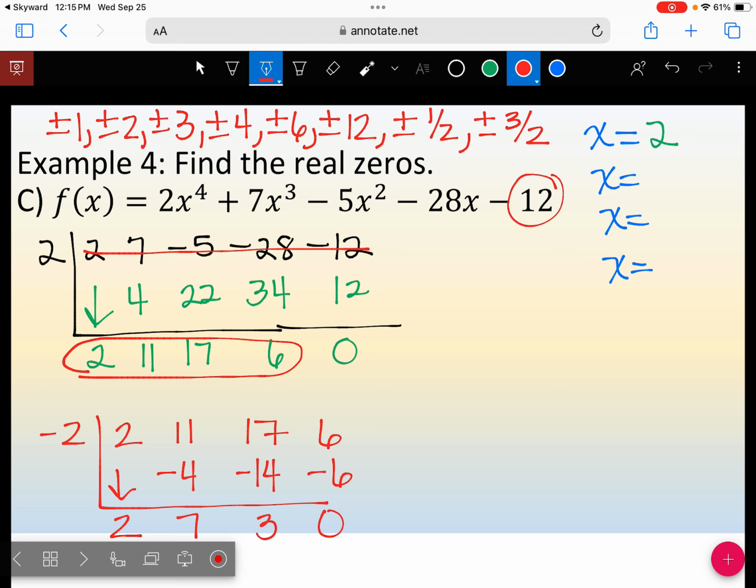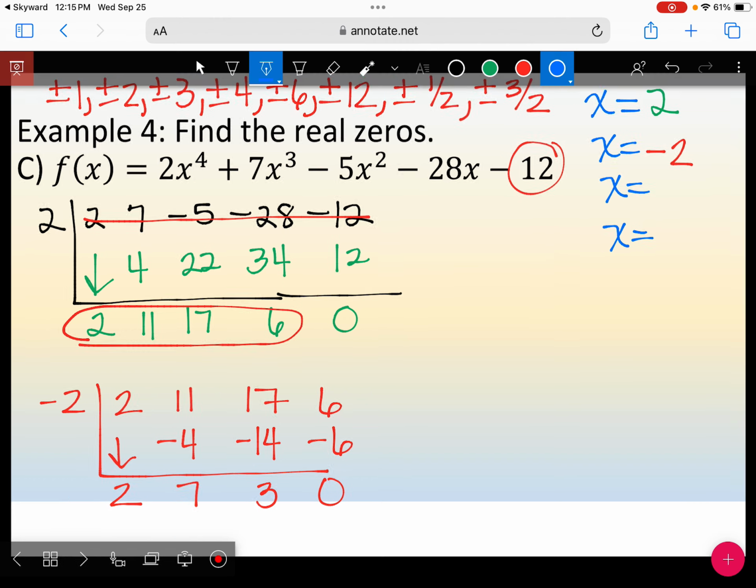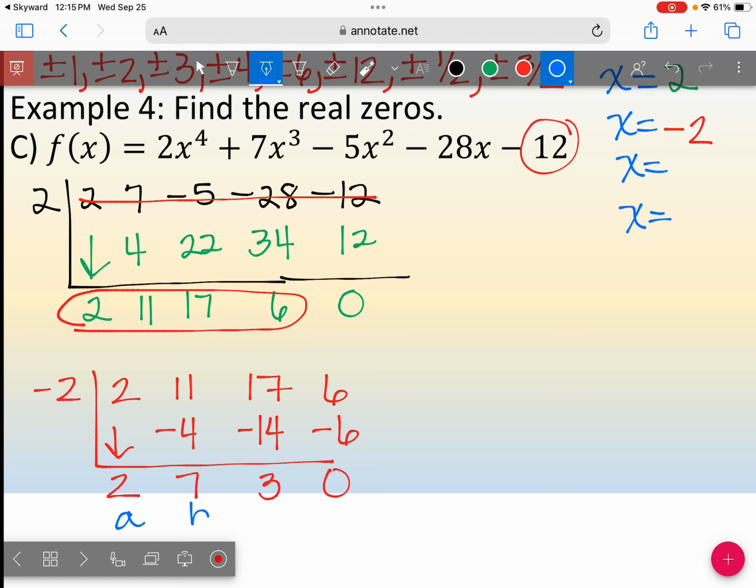All right, so did -2 work? So we got our second answer. Now do you see we only have 3 numbers? Now we're down to a quadratic, so we can factor A, B, C. I want you to factor 2x squared plus 7x plus 3.